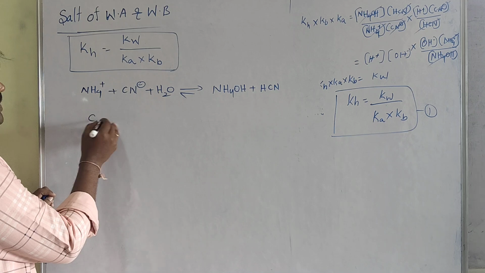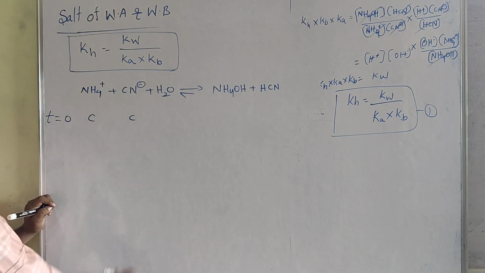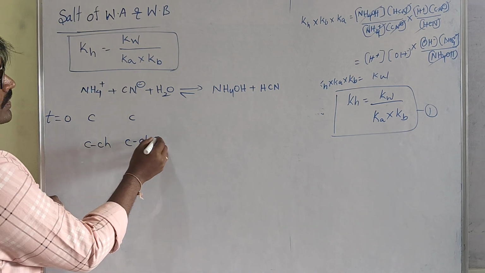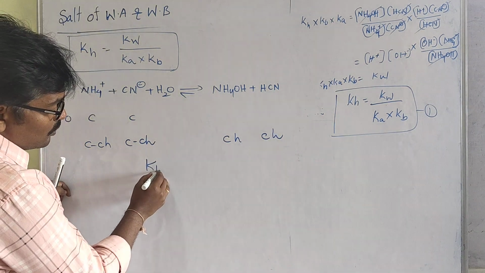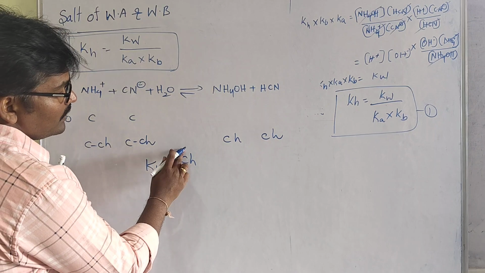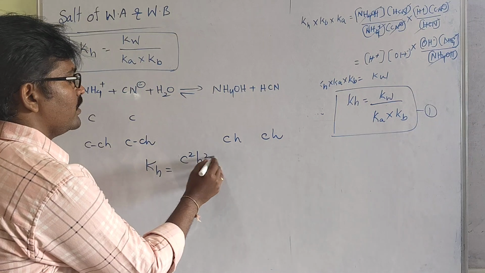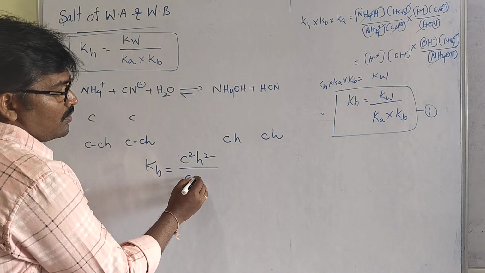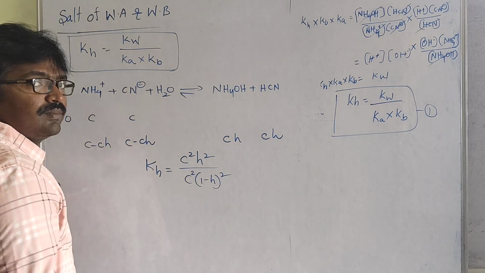So this concentration and this concentration at time t equals 0 is C. Then C minus Ch, C minus Ch, then this is Ch, and this is Ch again. Then KH is equal to Ch whole square, that is C square h square, divided by C square into 1 minus h whole square.